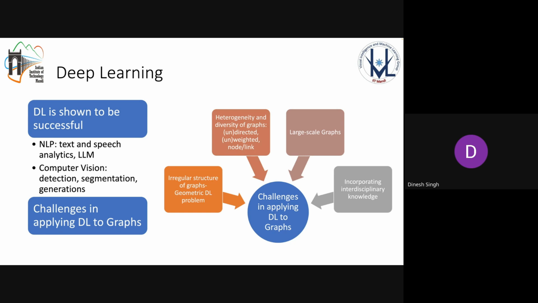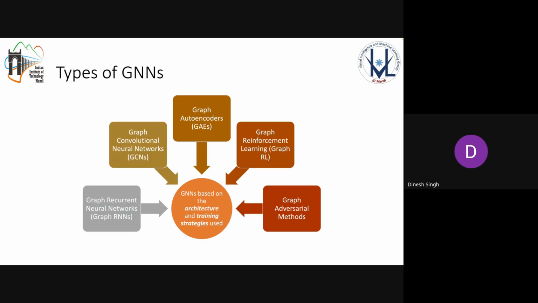But nowadays neural networks are handling these quite well, so let's move towards them. Based on what type of task you want to perform and how this entire domain has evolved, we have a variety of graph neural networks. First was the graph recurrent neural networks, simply known as graph RNNs.